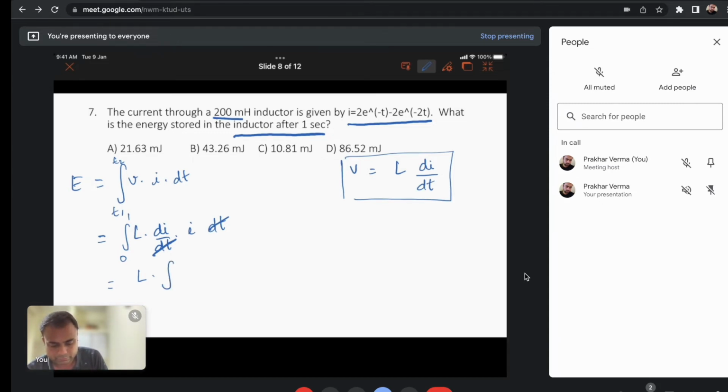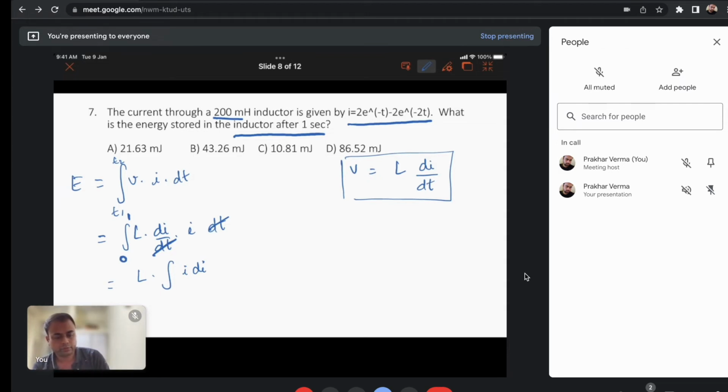The integral becomes integral of I di. Now the limit for this integral has to be changed, because we are integrating with respect to current, so the limits should also be in terms of current.